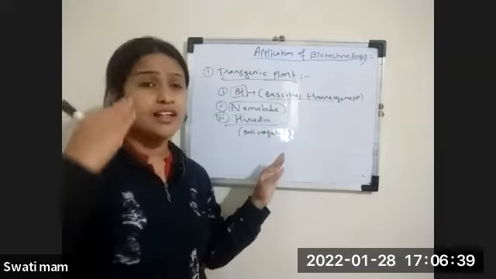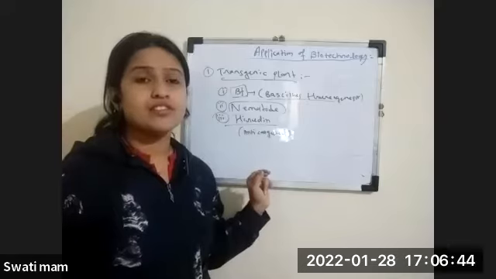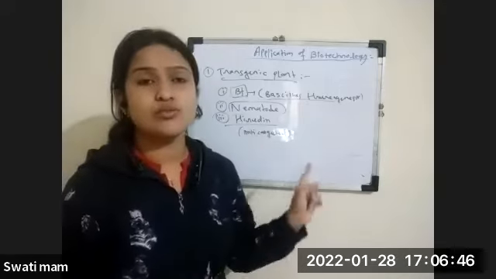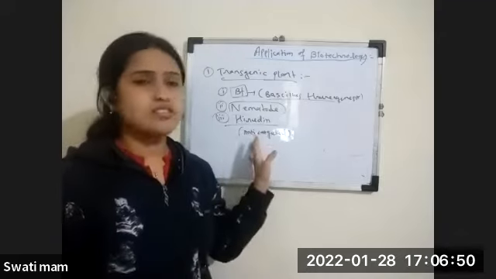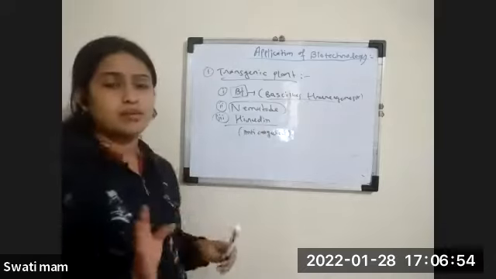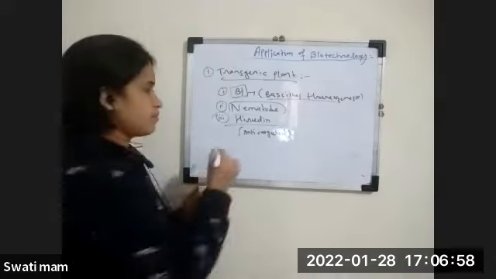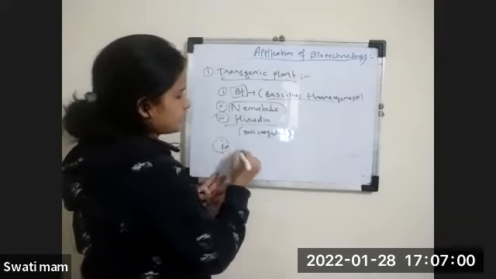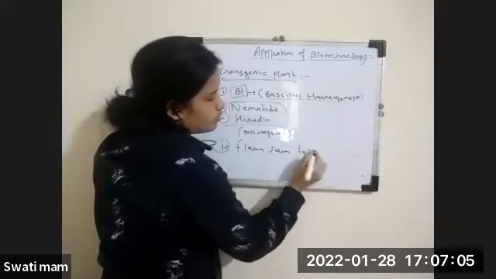At a higher-level research center, this hirudin is used as an anticoagulant for a particular time. No necessity to go into the deep mechanism of this hirudin. Just remember the example. Now another transgenic plant, for example, is the flavor saver tomato.